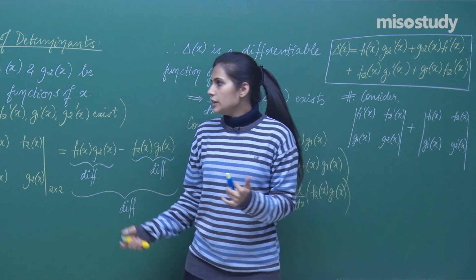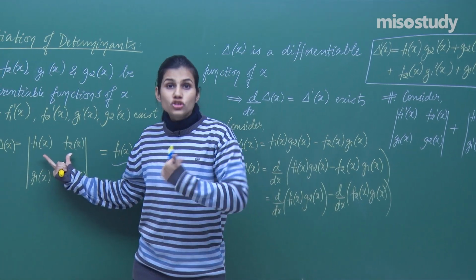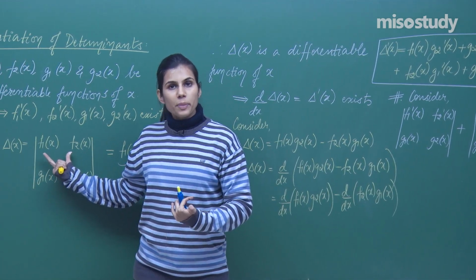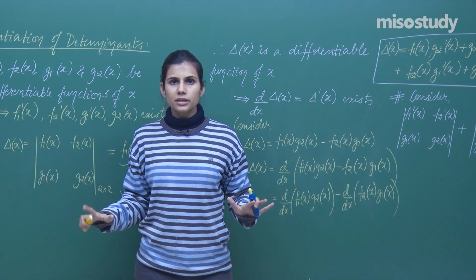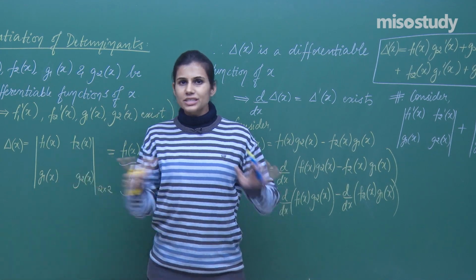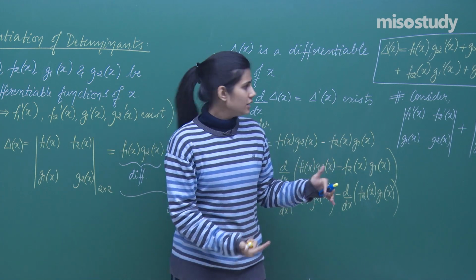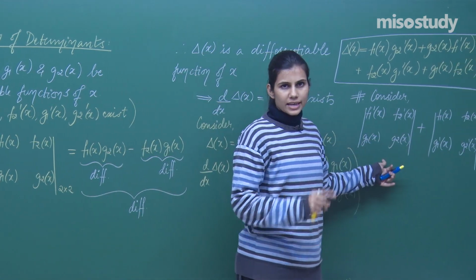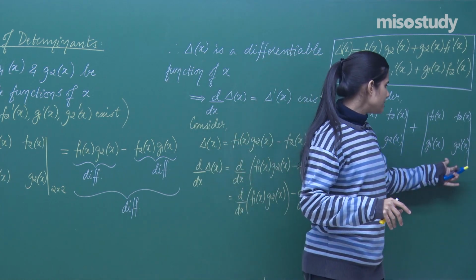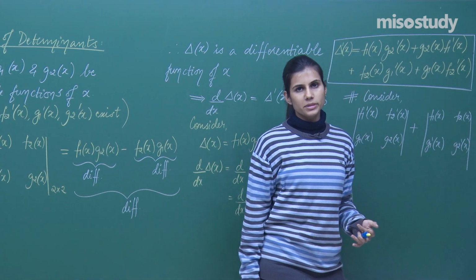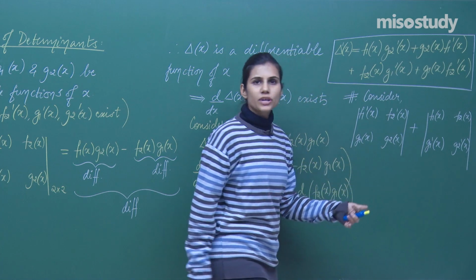So the first row is replaced by the differentiated first row, and second row is not disturbed. Plus, in another determinant, first row is kept as it is and the second row's differentiated form is kept. Let's try to resolve this.